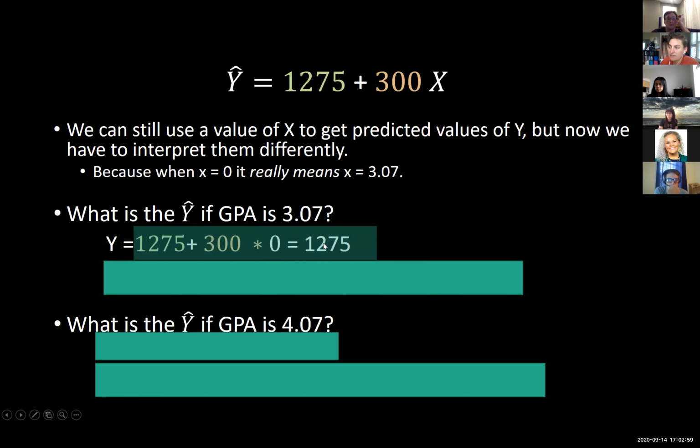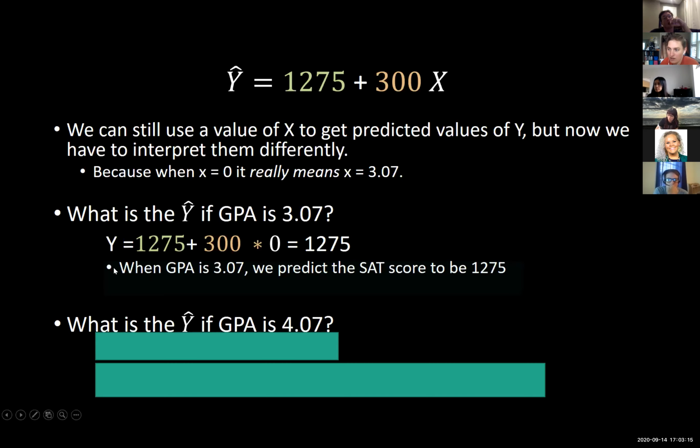And that is 0. So in this case, when GPA is 3.07, I'm going to plug 0 in. And I get 1275 plus 300 times 0. So 1275 is my predicted value. And so I would interpret that like this. When GPA is 3.07, or when GPA is at the mean, my expected Y score, or my expected SAT score, is 1275.